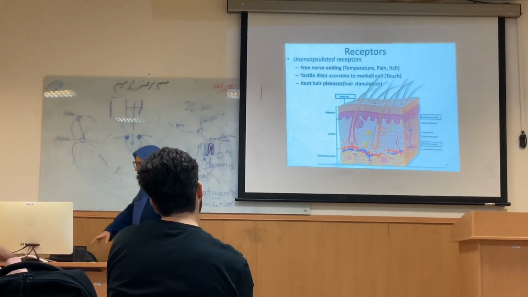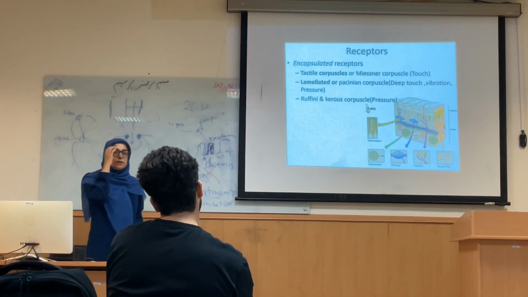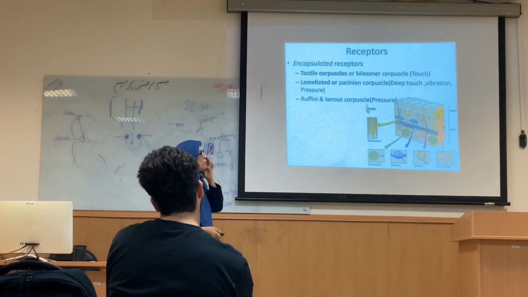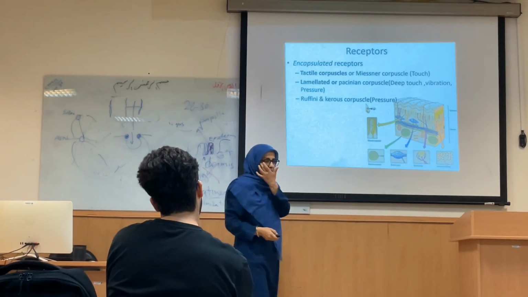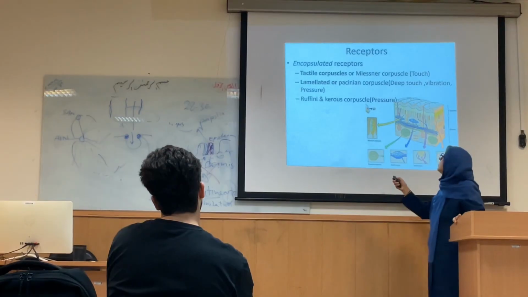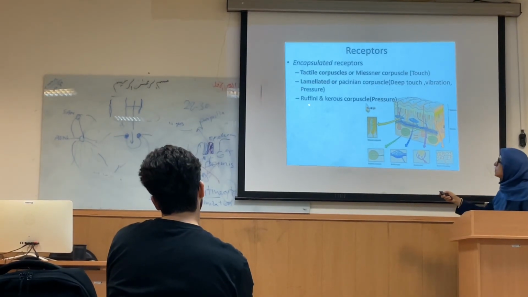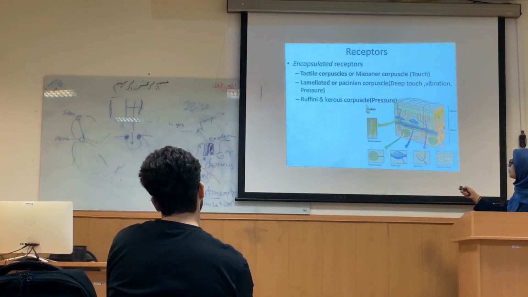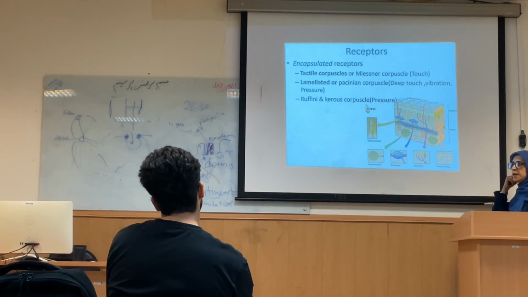In the encapsulated receptors, the nerves are enclosed by very fine layers of basal lamina that have different names, such as Ruffini, Krause, or others, Pacini, that are in the dermis layer.